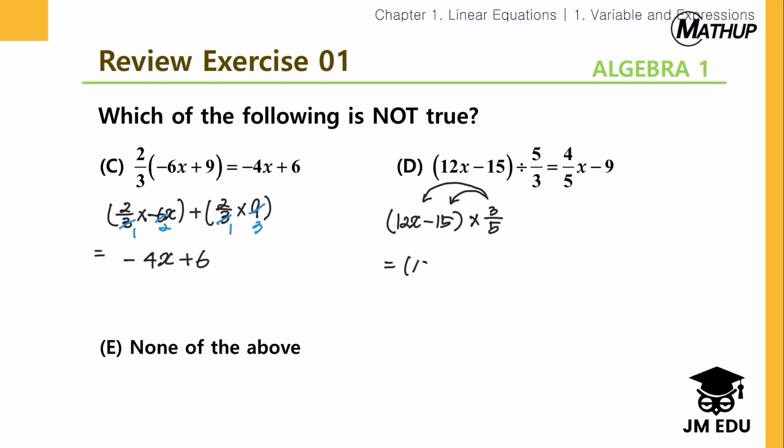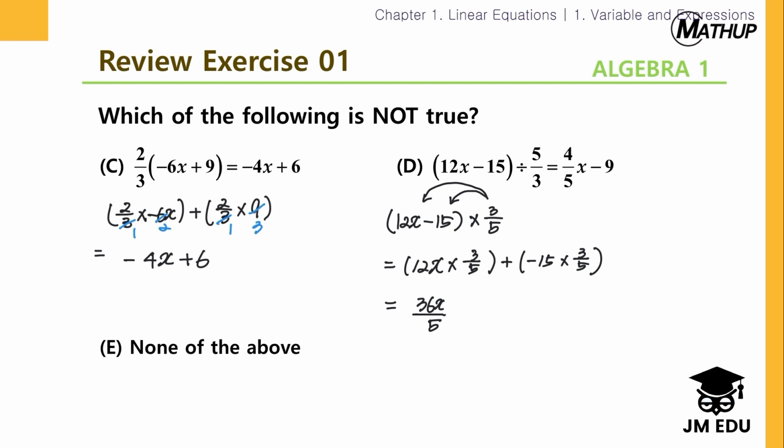So 12x times 3 over 5 plus negative 15 times 3 over 5. So let's simplify this. 12x times 3 over 5, that's going to be 36x over 5.